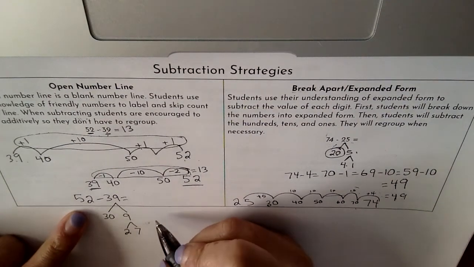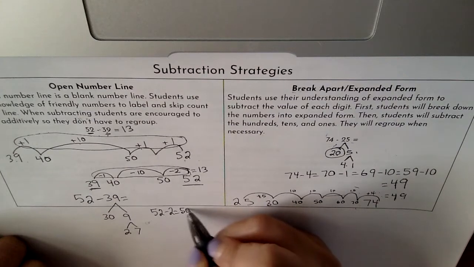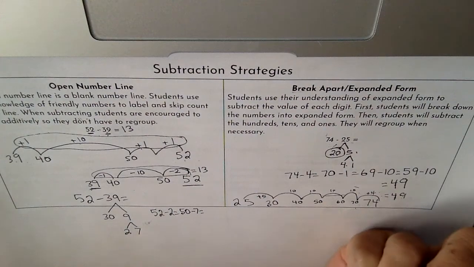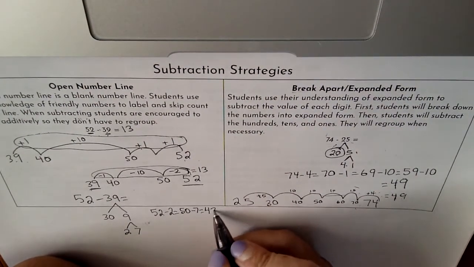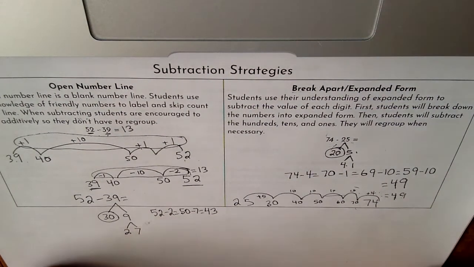So now I'm going to go 52 minus 2 equals 50. Minus 7. Oh, that's a little tricky, so hopefully you can do your basic facts and figure out that it is 43. And then I need to jump back my 30.